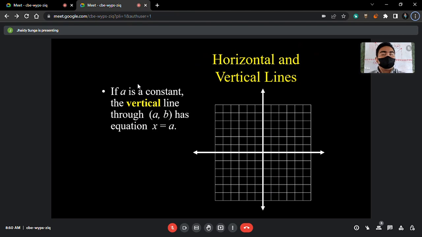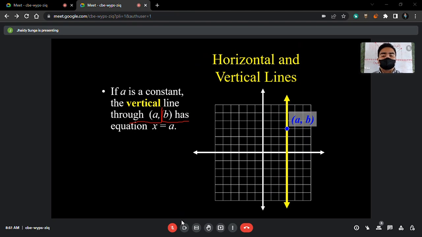If you will remember, from this part, we consider that this is your x-intercept, and for this part, this will be your y-intercept, because they are x and y. So if you are going to input that, we have a and b. That will be your vertical line.